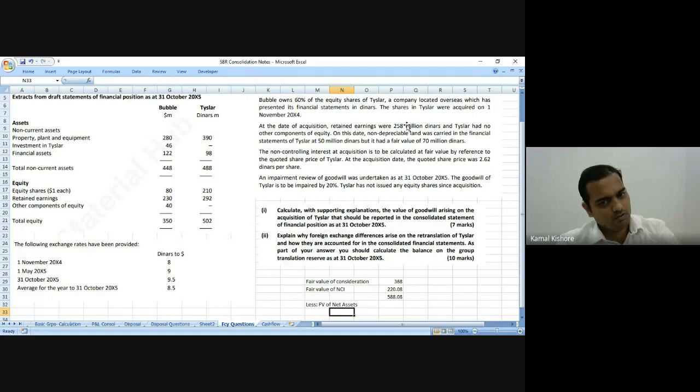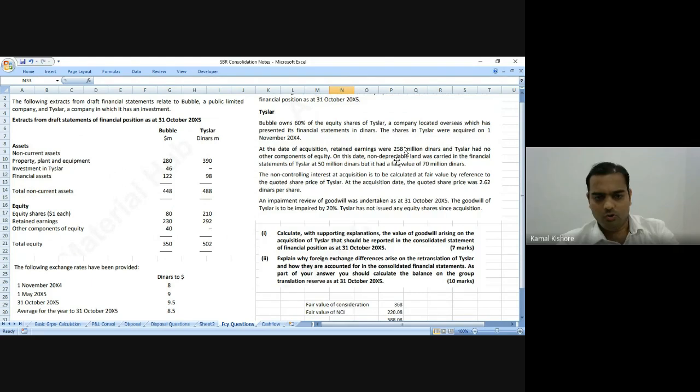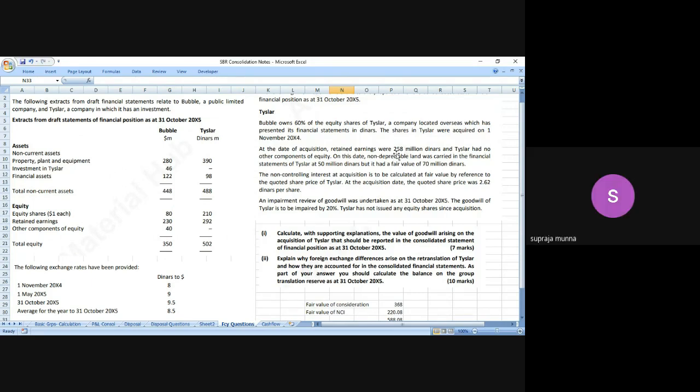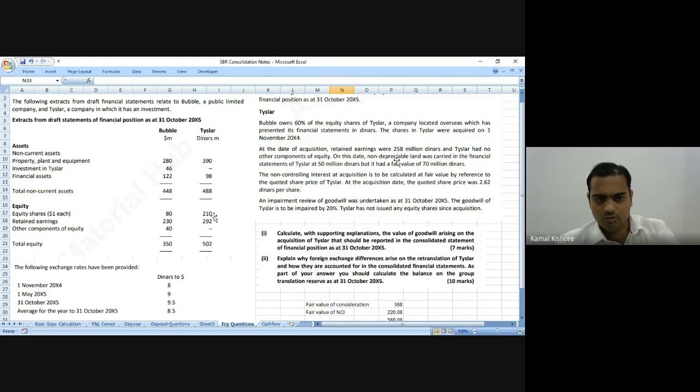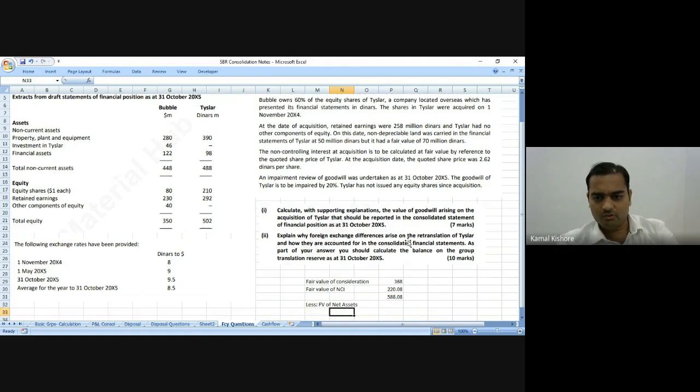So how much is the net assets? 390? No, 258. 258 is retained earnings plus the 210 equity shares. So 210 plus 258 is 468.